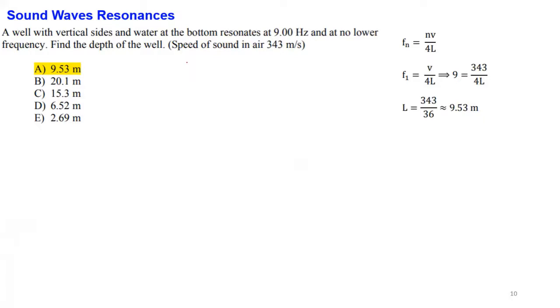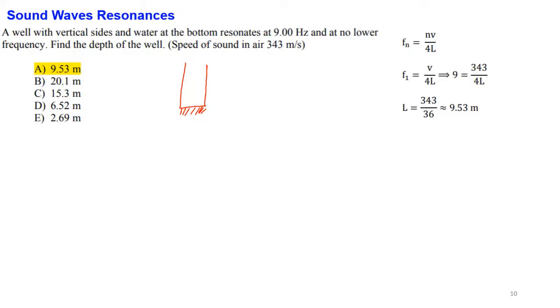Okay. So basically I have a pipe. So this is my well. I have water here. And of course this is open. So I have a pipe. This looks like a pipe with one closed end, the bottom, where I have water, and one open end.